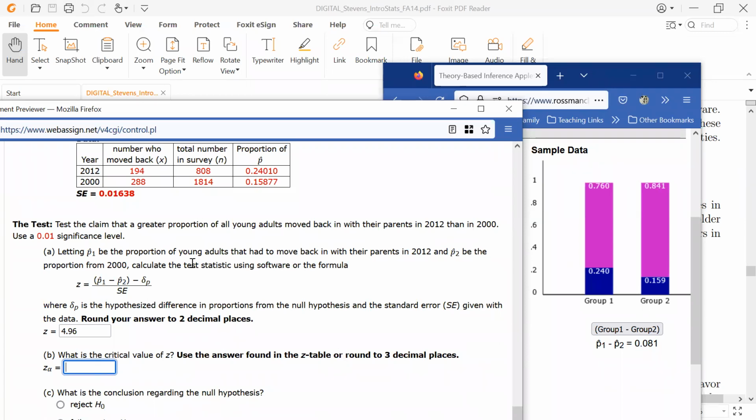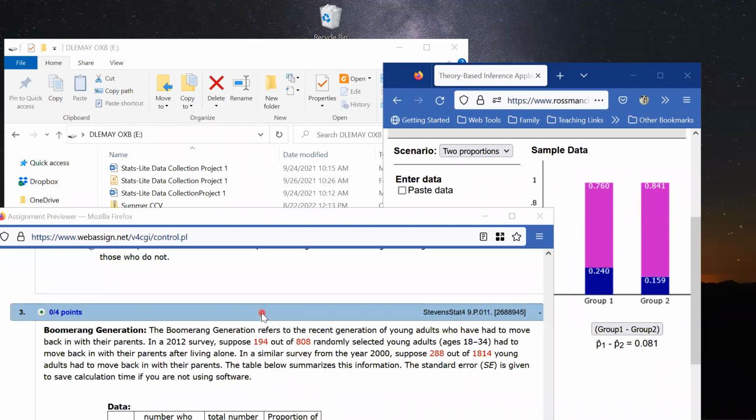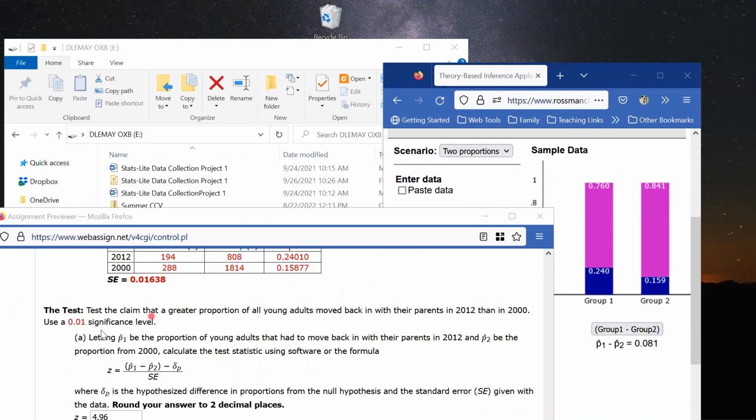So let me open up the T table. Okay, so I opened up the z-scores table. We're testing this at the 1% level of significance.